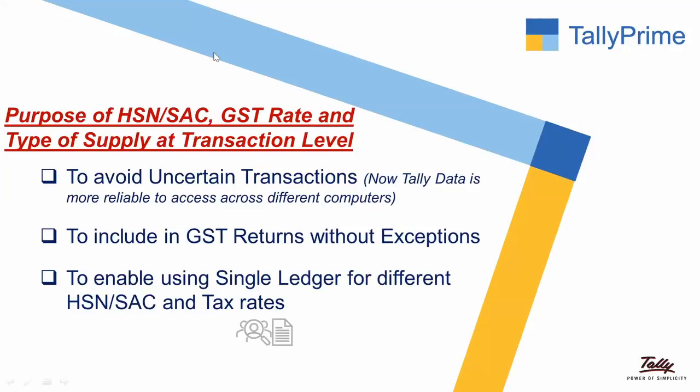Then another question: kindly explain if I can enter the ineligible entry along with the ITC entry, the same on purchase voucher. How can I reverse the ineligible entry? Okay, this is a different transaction type, sir. Actually, we have statutory adjustments at journal entry level.